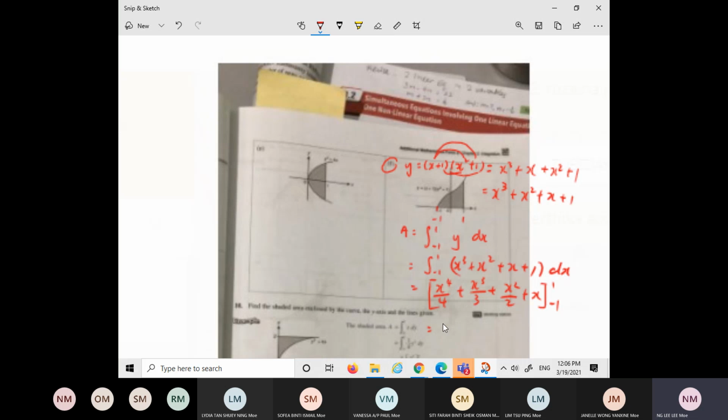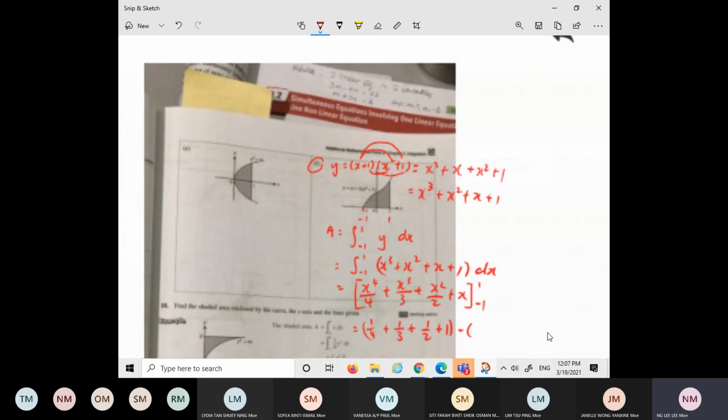Now the substitution. Substituting 1: 1 to power 4 is 1, 1 to power 3 is 1, 1 to power 2 is 1, and then 1. This is the upper limit, then minus the lower limit. Substituting negative 1: to power 4 is positive 1, to power 3 is negative, then this is positive, and then this is negative. Still the same?